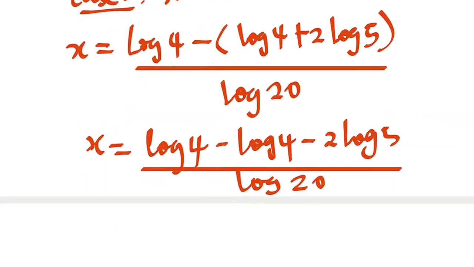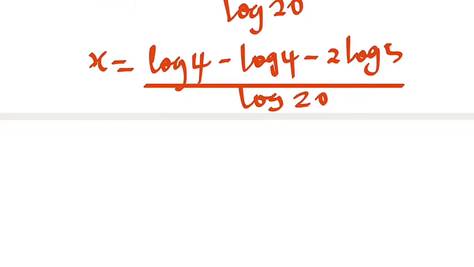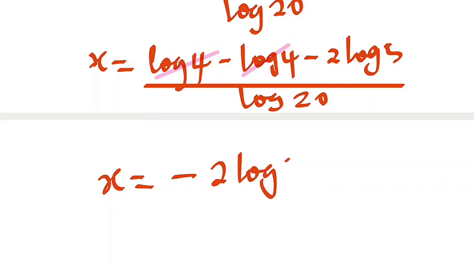So x equals log 4, sorry, this will cancel because log 4 minus log 4 gives us 0. So we're going to have minus 2 log 5, then divided by 2 log 20.